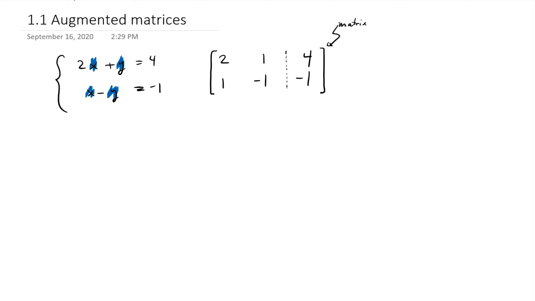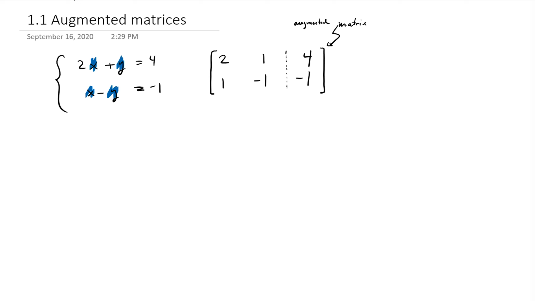Partly because you've got the matrix of coefficients, the ones that multiply the variables, and if we add to that matrix the column of constants, we get what we call an augmented matrix. So the augmented matrix includes all the information that's relevant to my system.